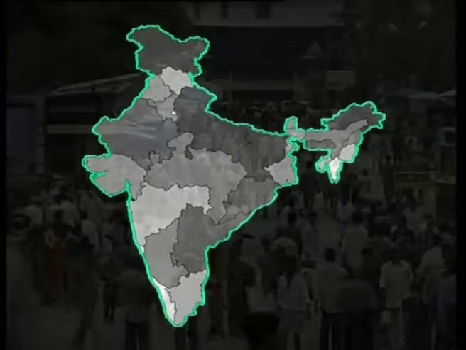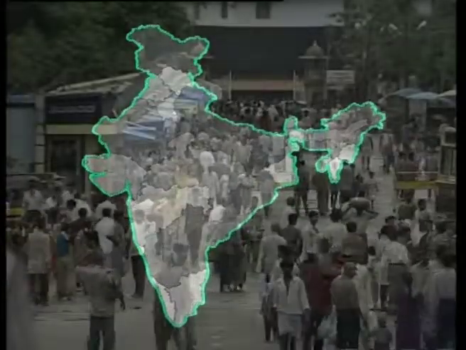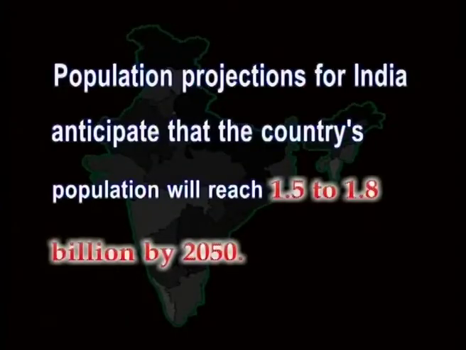India is projected to overtake China as the world's most populous nation by 2030. India's population growth has raised concerns that it would lead to widespread unemployment and political instability. Population projections for India anticipate that the country's population will reach 1.5 to 1.8 billion by 2050.